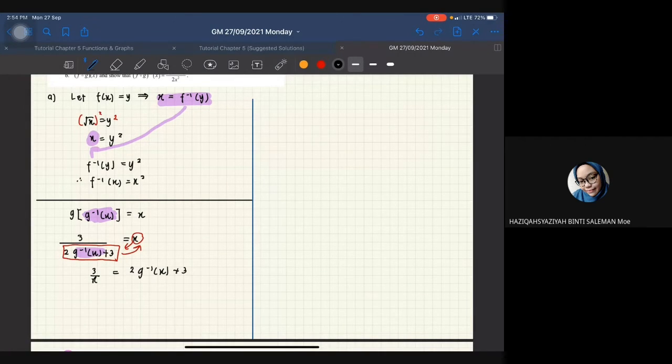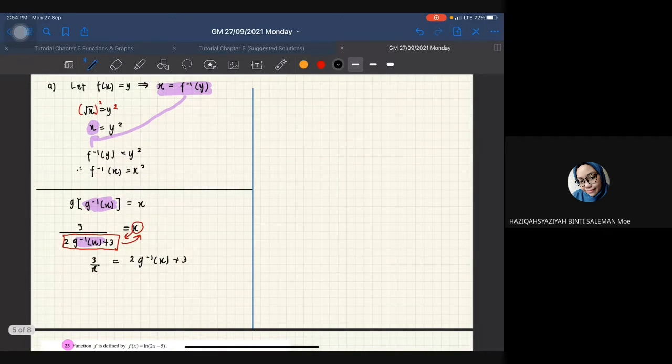Macam tu. Okay. So, saya hilangkan dulu 3 dekat belakang ni. So, we are going to minus 3 on both sides. Tolak 3. Okay. So, kita akan dapat 3 over x minus 3 is equal to 2g inverse of x. Okay. Sikit lagi. So, kita nak tinggalkan g inverse saja. So, just divide everything with 2.